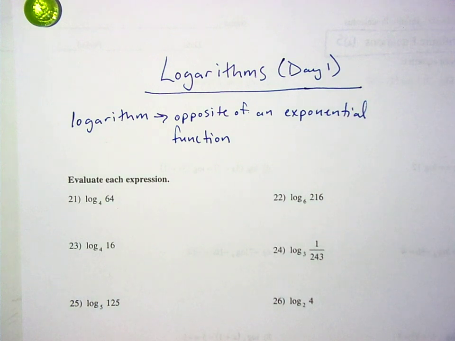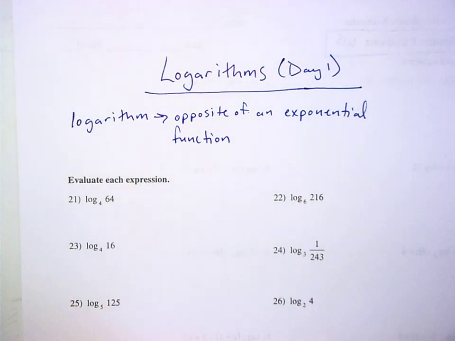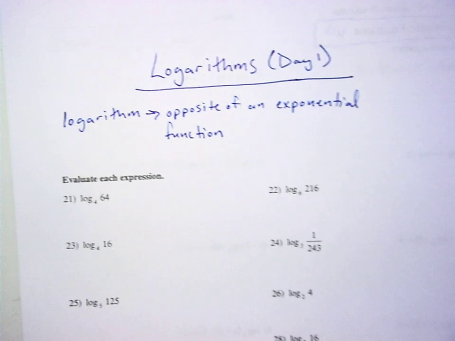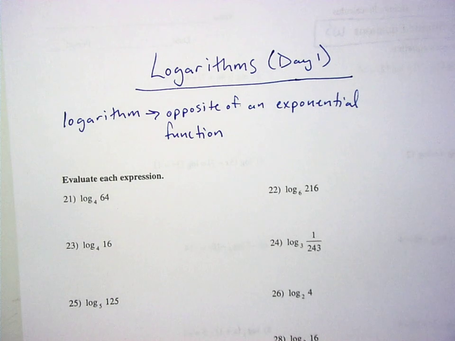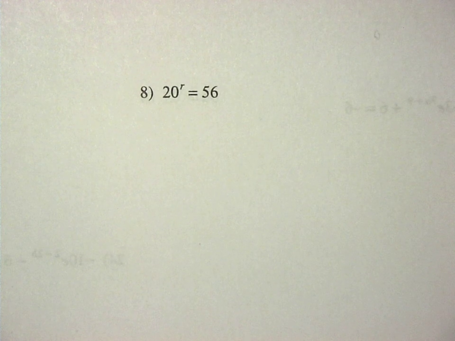So if we're trying to solve a problem that looks like this with logs in it, or like, I'll show you what we'll be doing later. This is a common one. If you had a question like this that said 20 to what power equals 56?